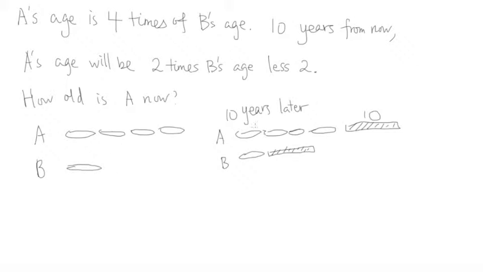Okay, so what do we know? We know that 10 years later, A's age will be twice B's age, less 2. So twice B's age, you need to do twice of B. 2 of B, well, that will be this piece, 10 years, plus this piece, the 10 years, that's twice, right?